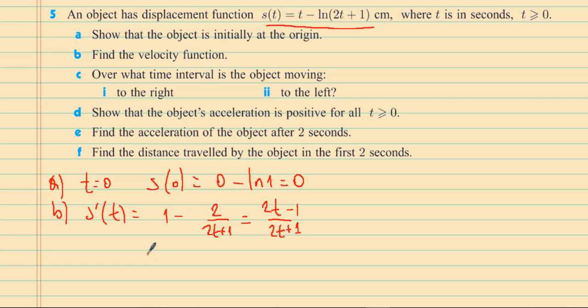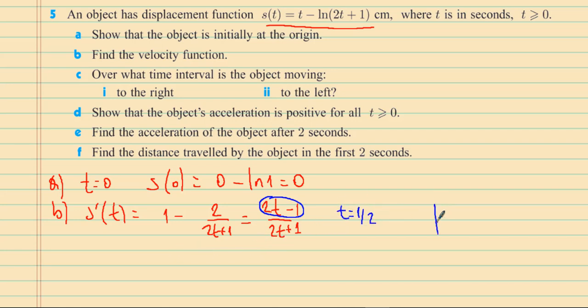And over what time interval is the object moving to the right and to the left? Okay, we have to calculate the inequality. I have to find the root of the numerator, to see when it is positive and when it's negative. So t equals 1 by 2.